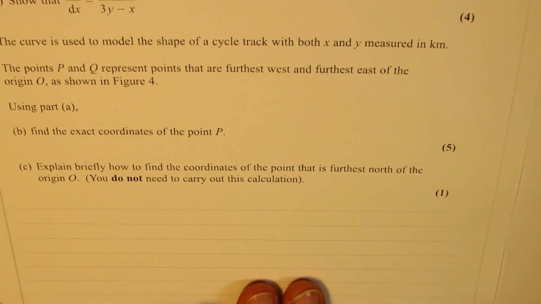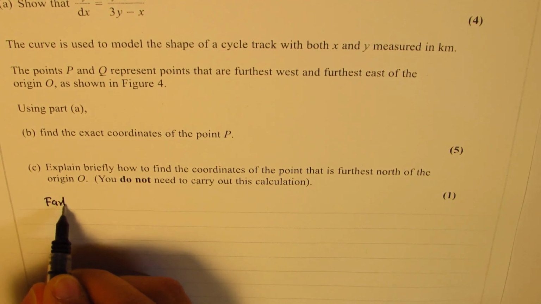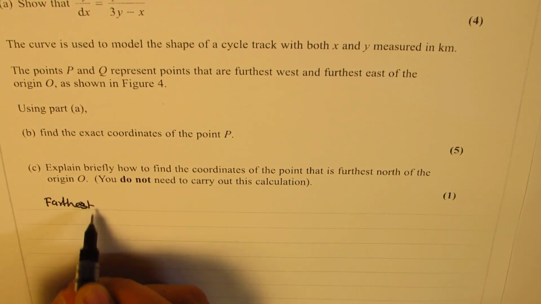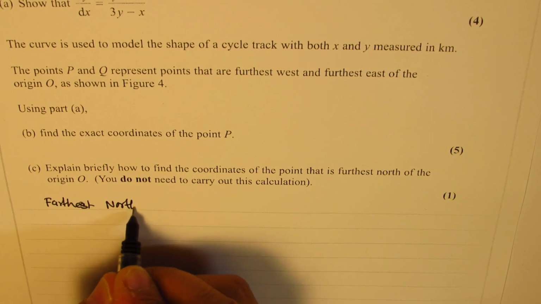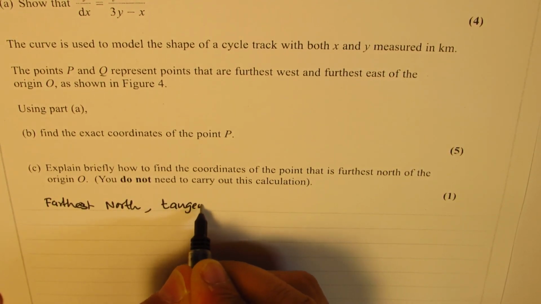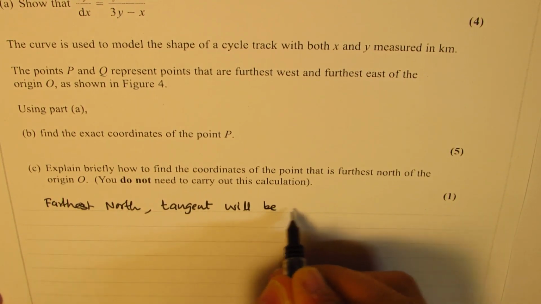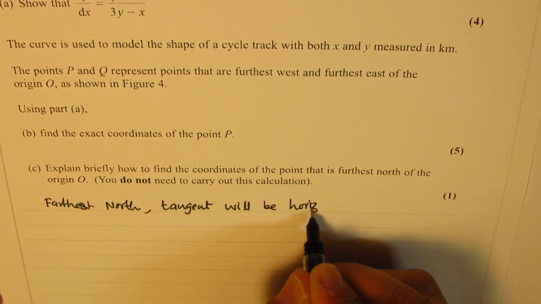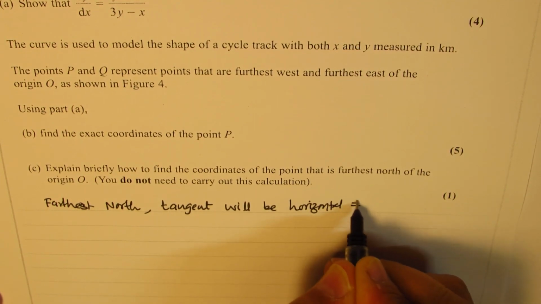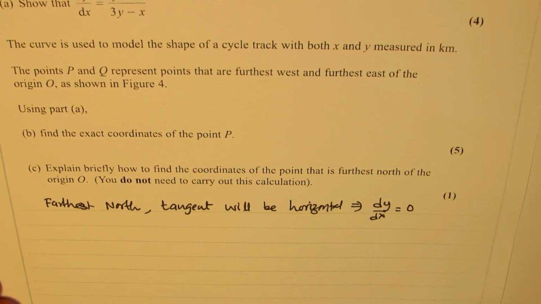So for that, we know that at the farthest north point, the tangent will be horizontal. That implies that dy/dx will be equal to 0.